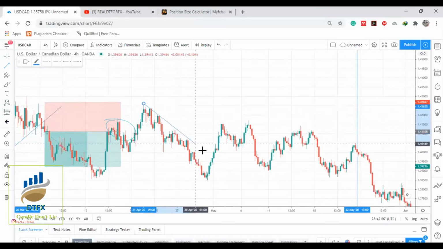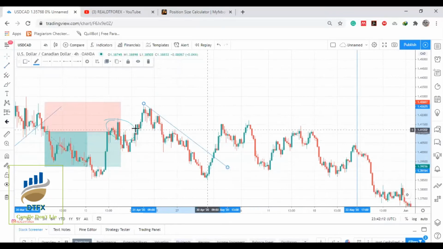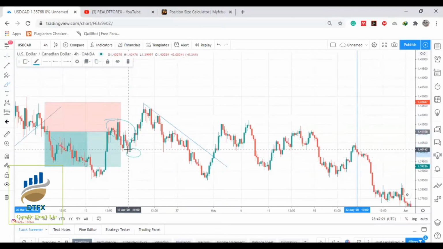It's going to be something like this, connecting the line. But I don't think any structured trader who knows what he's doing will take any trade from this breakout, because why? This low was broken, right? So there's no trade here.